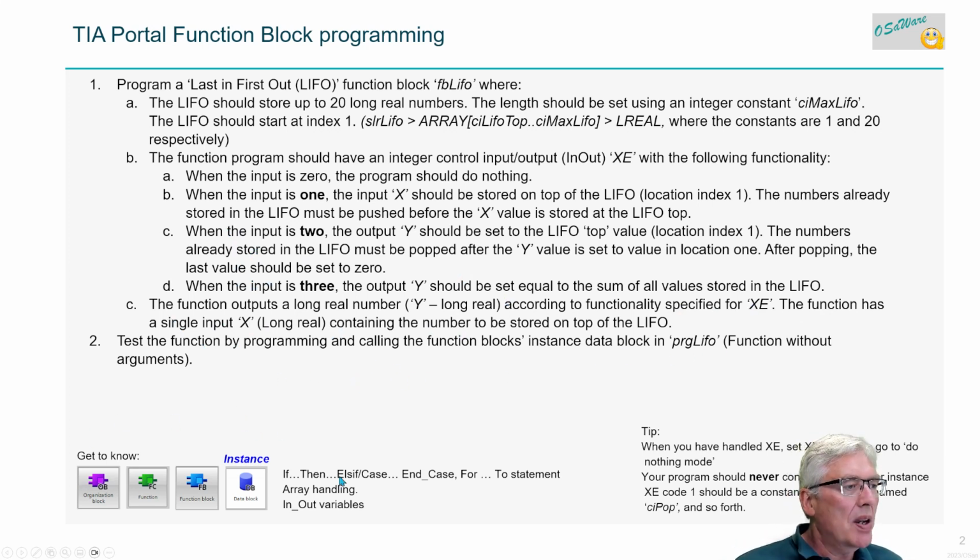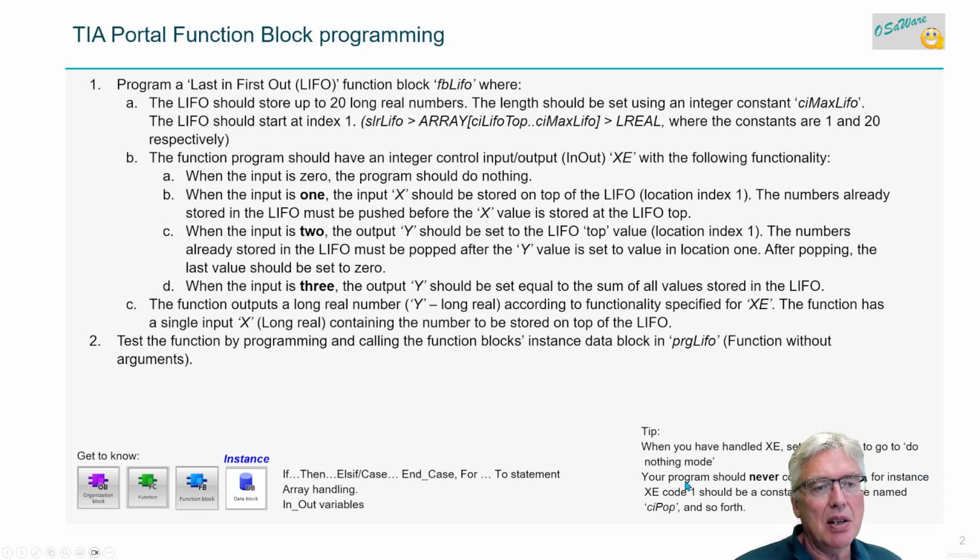What we get to know here is if-then-else, case statements, and array handling with in-out variables. And here's a tip: when the control input is 0, do nothing. It's called a constant 0, say idle or done or whatever. Your program should never contain numbers.